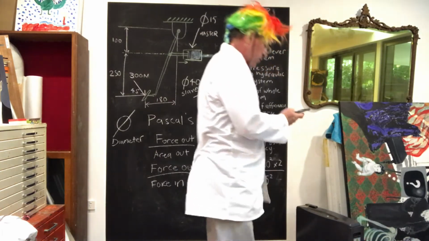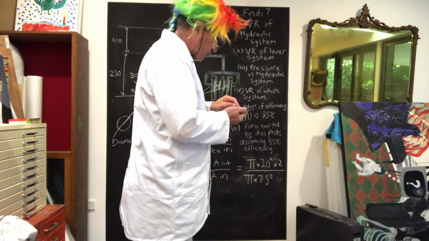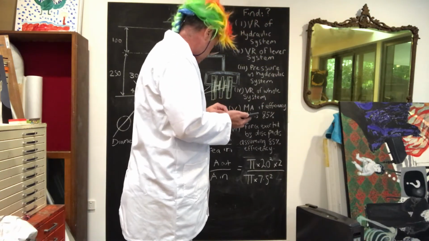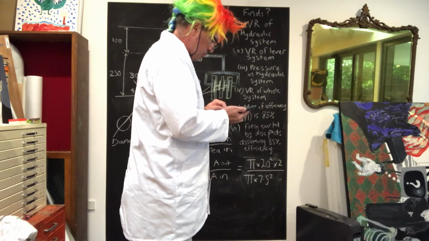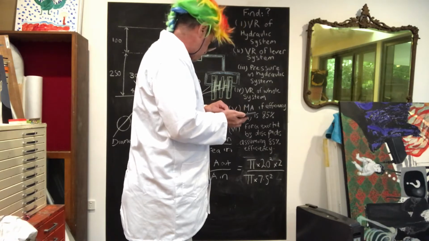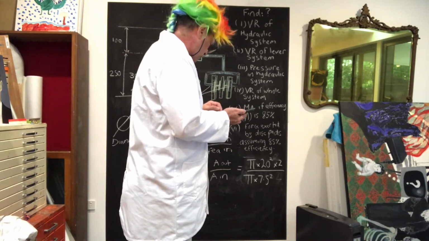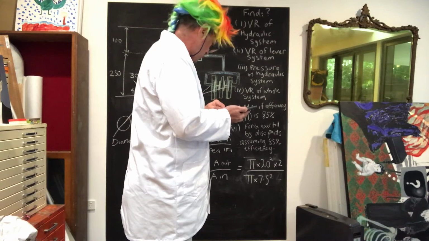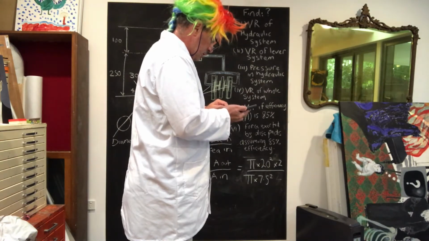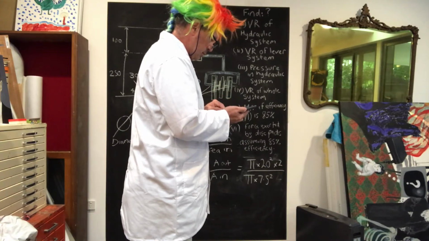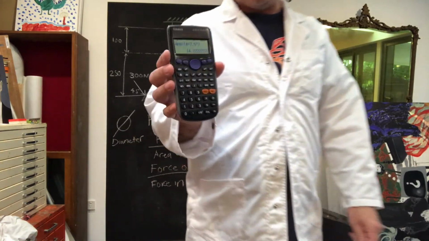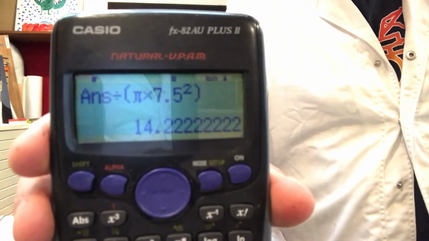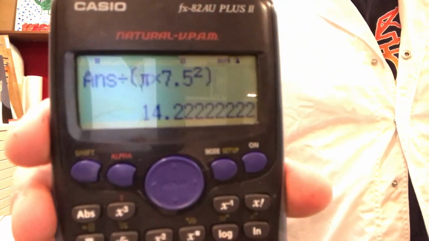And so we'll grab our calculator. Pi times 20 squared times 2 divided by bracket pi times 7.5 squared close bracket equals, and you look here, we get an answer of 14.2.